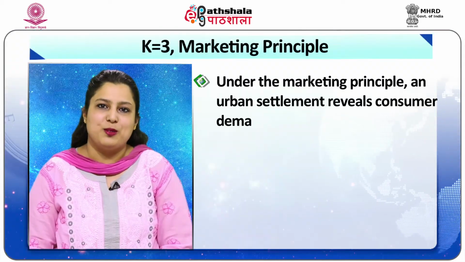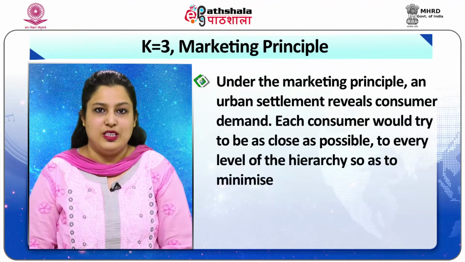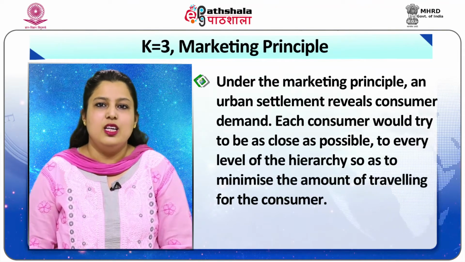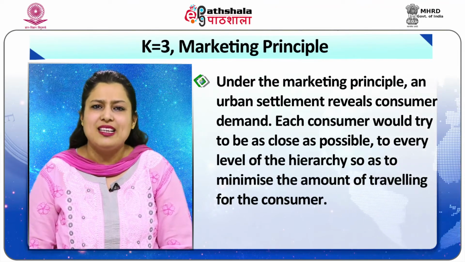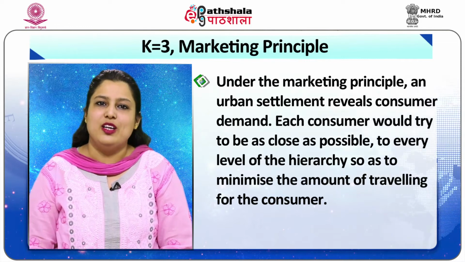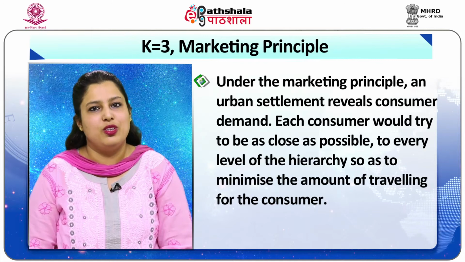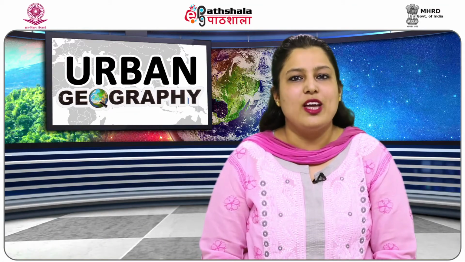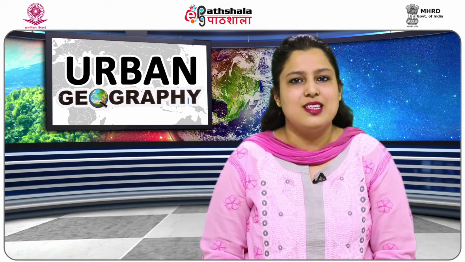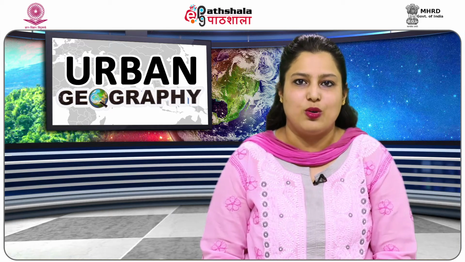Under the marketing principle, an urban settlement reveals consumer demand. Each consumer would try to be as close as possible to every level of hierarchy so as to minimize the amount of traveling for the consumer. Thus, a settlement of every order would be surrounded by 6 other settlements of the next order.